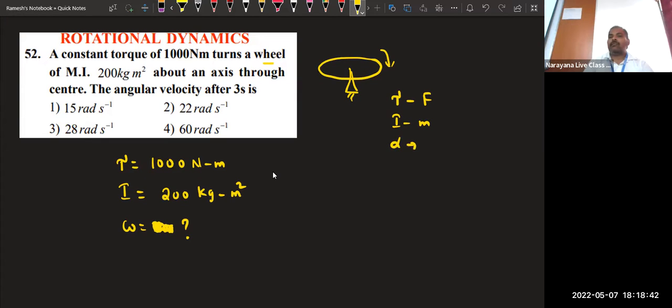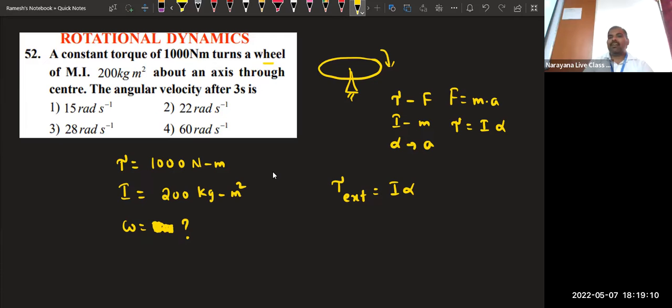Angular acceleration is similar to linear acceleration. What is Newton's second law? F equal to how much? Mass into acceleration. What is Newton's second law in rotatory motion? External torque equal to I into alpha. Correct, also I can write net external torque equal to I into alpha. Correct or not?